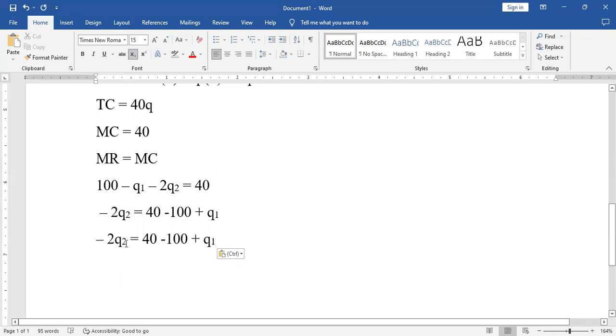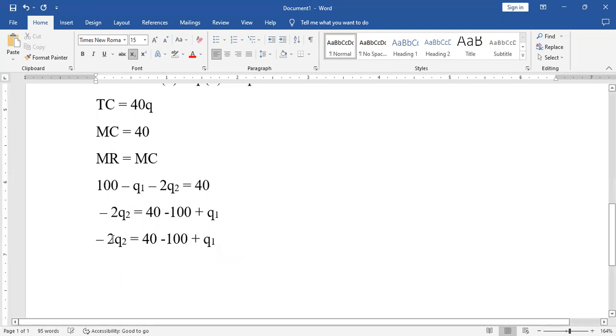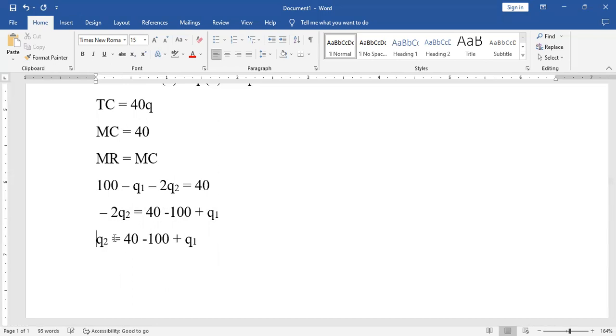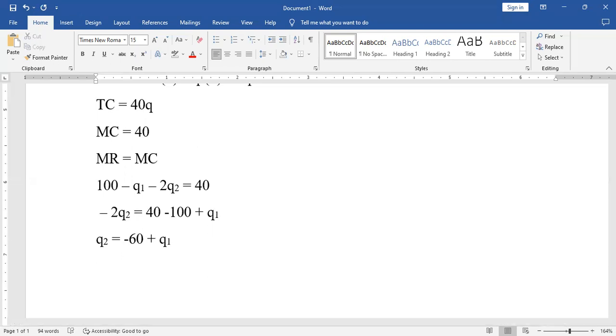When we divide the first one by negative 2, the negative 2 will cancel itself. Then 40 minus 100 will be negative 60.